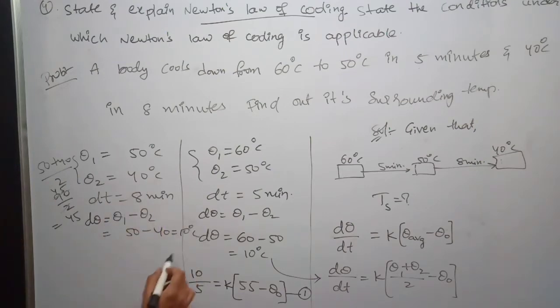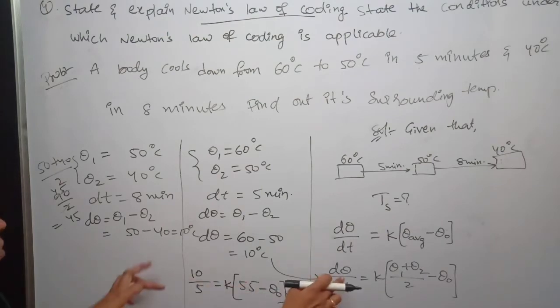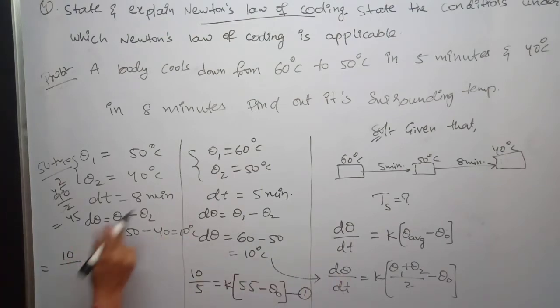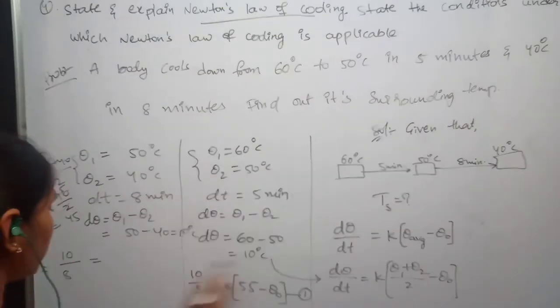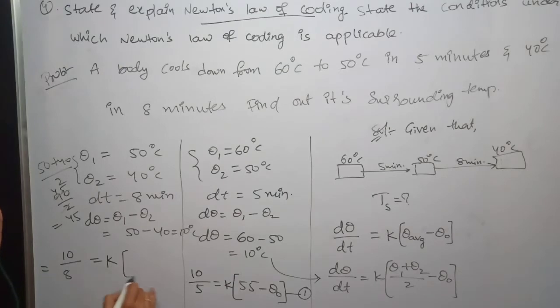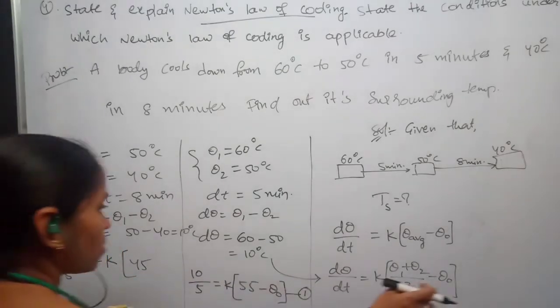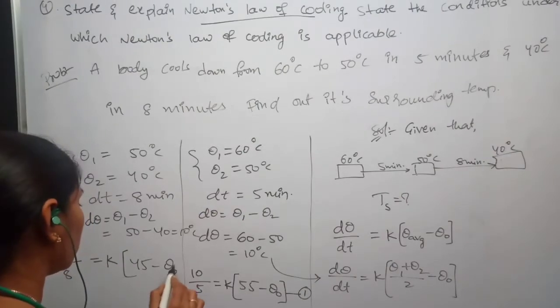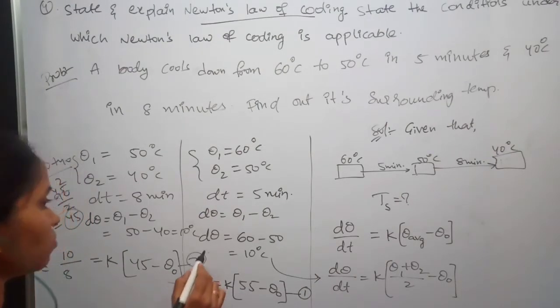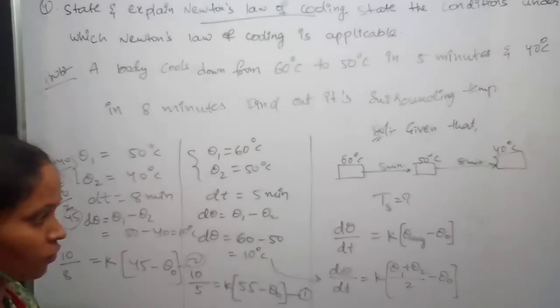Just substitute in this equation. d theta is 10 by time taken 8 minutes, which equals k into the average temperature, 45 minus theta naught. This is equation number 2.